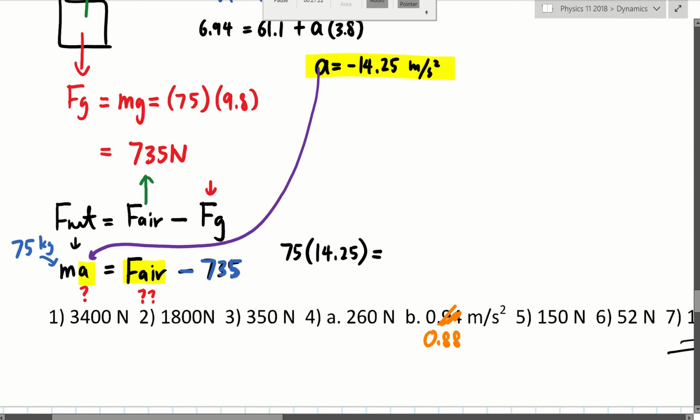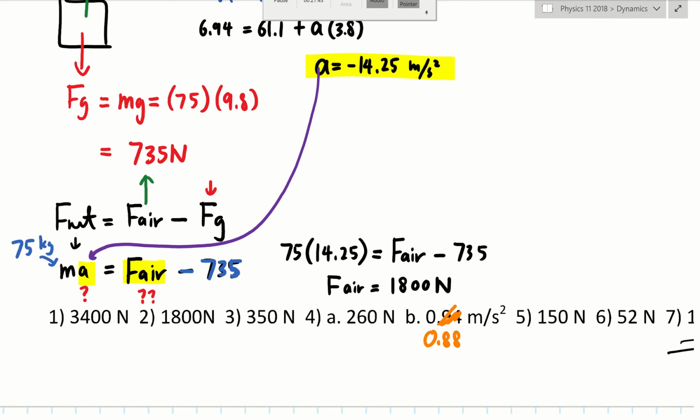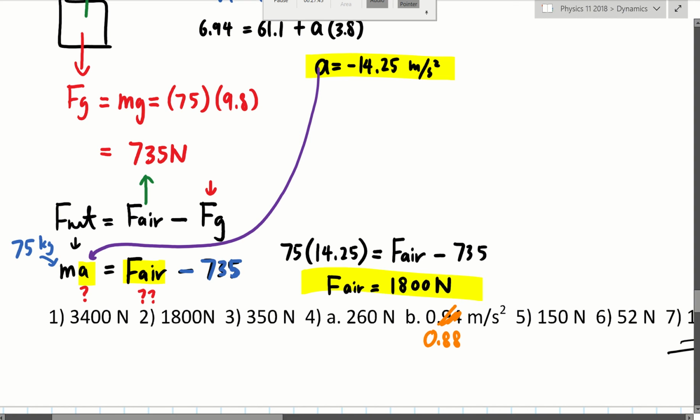So with the acceleration, 14.25, we know that it's coming from the air resistance force minus gravity, 735. So now solving for air resistance, which is roughly, if you do sig figs and everything, 1,800 Newtons.